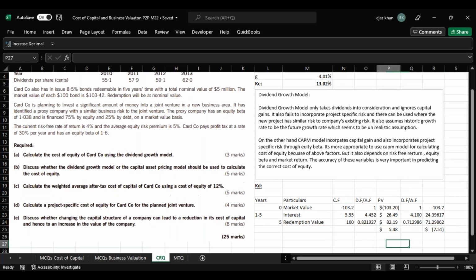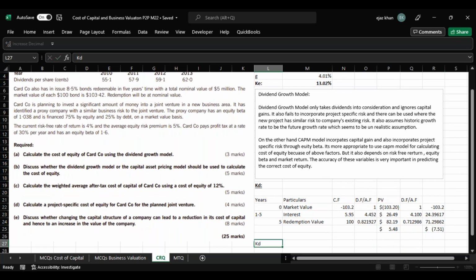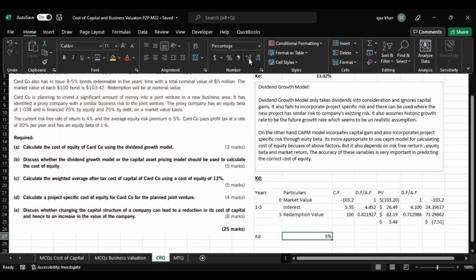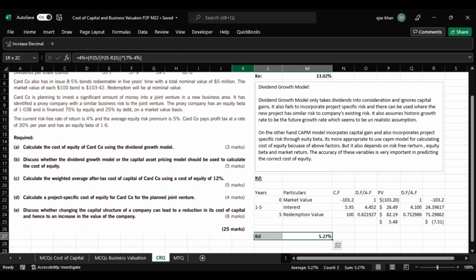Negative NPV now, and the cost of debt will be equal to the lower rate, which is 4%, plus the positive NPV 5.48 divided by the positive NPV minus the negative NPV, into 7% minus 4%. So the cost of debt is 5.27%.